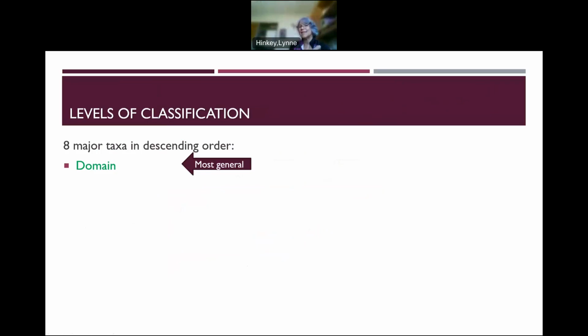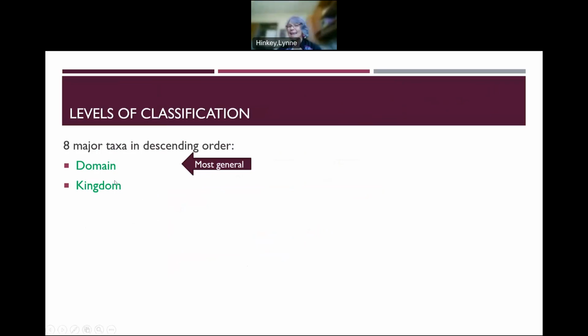Bacteria: single cells, no nucleus, peptidoglycan cell wall. Archaea: pseudopeptidoglycan, single cell, tend to live in more extreme environments and have closer similarities at the molecular level and in function to eukaryotes than to prokaryotes. From there, our domains are divided into kingdoms.